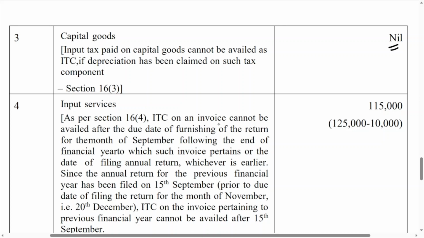Since the annual return for the previous financial year has been filed on 15th September, prior to the due date of filing the return for the month of November, that is 20 December, ITC on the invoice pertaining to the previous financial year cannot be availed after 15 September.